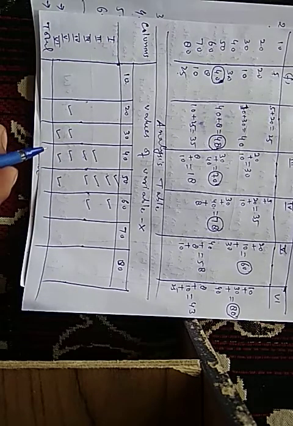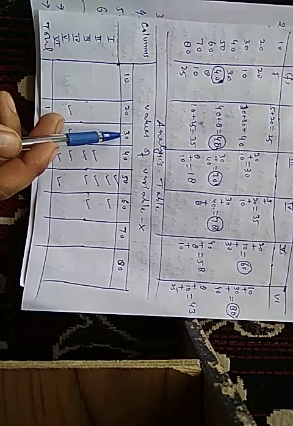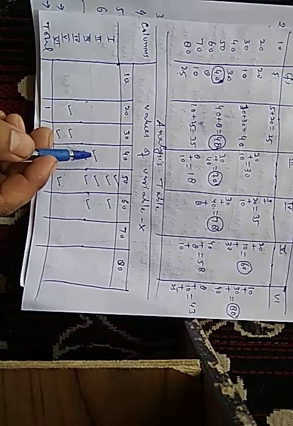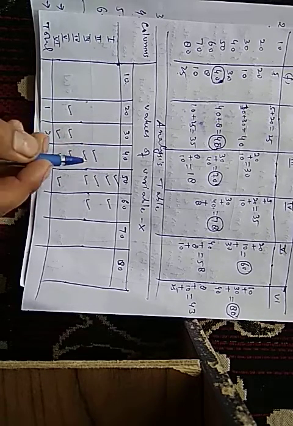Now we have to count these tick marks and write their totals here. For the value of variable equal to 30, there are 2 tick marks. For 40, there are 4.